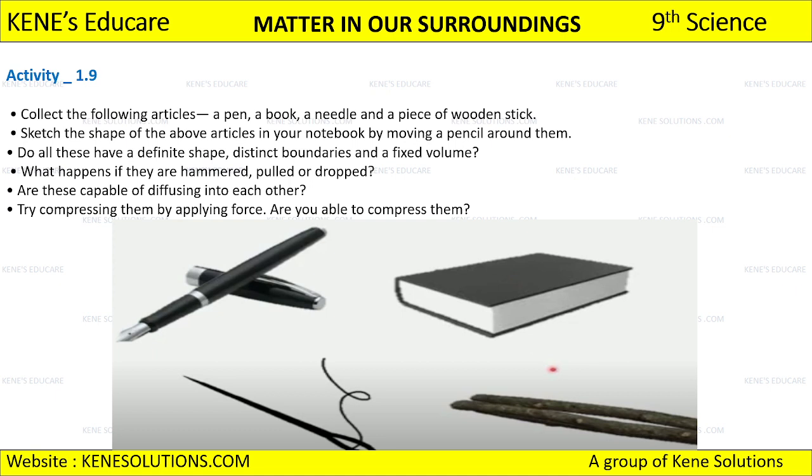For the first question, do all of these have a definite shape, distinct boundaries, and fixed volume? Yes, all of them do. Then what happens if they are hammered, pulled, or dropped?